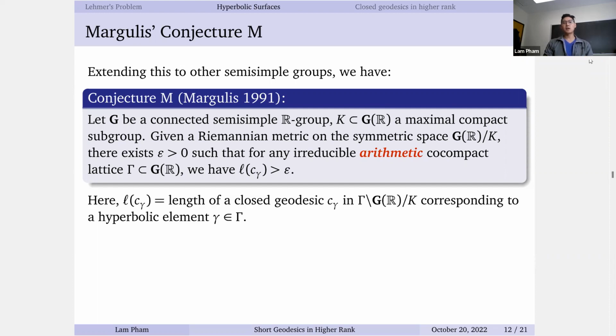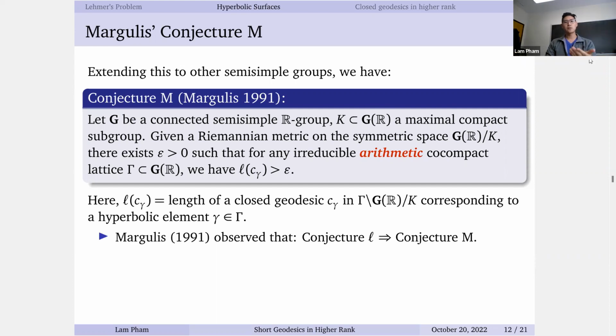So L of C gamma here is the length of a closed geodesic in the quotient, just like before, where you have the same correspondence in SL2R as in any semi-simple Lie group: if you take a closed geodesic inside this double quotient, it is in one-to-one correspondence with conjugacy classes of hyperbolic elements in gamma.